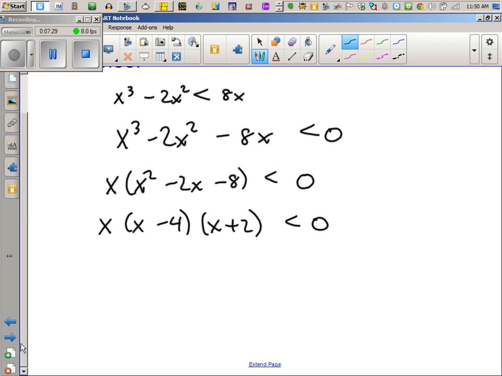And then there are kind of two philosophies for finishing this. One philosophy is to use kind of the number line thing I just showed you. Only this time there are 3 interesting numbers here. What are they? 0, 4, and -2.